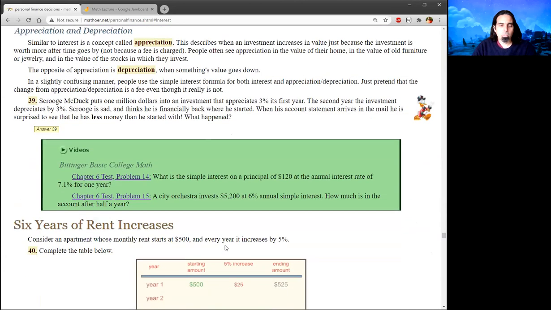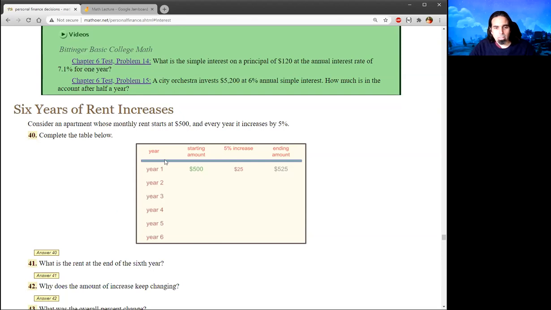As a heads up for what's going to happen, we're going to say, here is an apartment that starts at a $500 rent, and every year it goes up by 5%. And we'll see that the first year, it's 25 bucks of increase. But the second year, the increase will be more than that, because we'll be basing the 5% not on the 500, but on the 525 that we're starting out with for year 2.